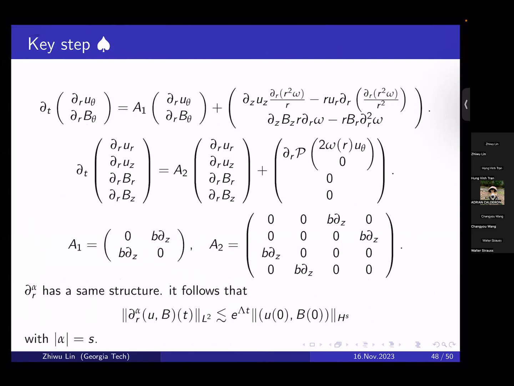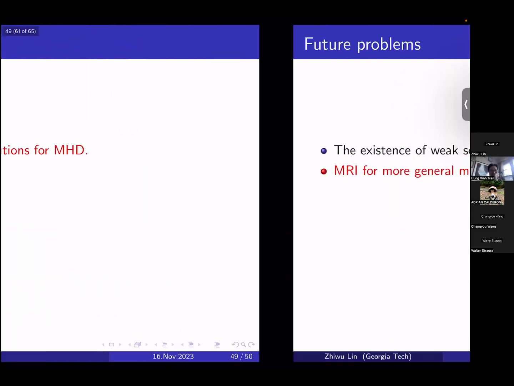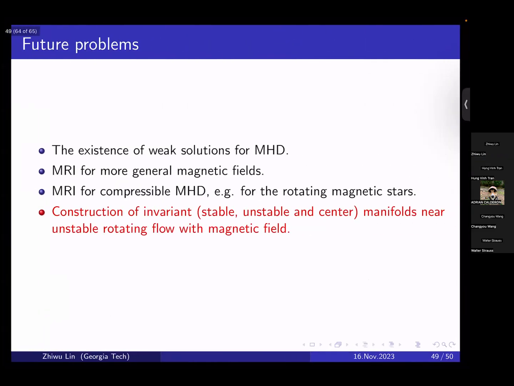Okay, so I think this is most of what I want to say. Of course, there are a bunch of other problems we are trying to do in the future. For example, can we do the MHD for a more general magnetic field? Here we only treated a vertical magnetic field, but of course your magnetic field can also have other components. Can we study this kind of more general magnetic field?